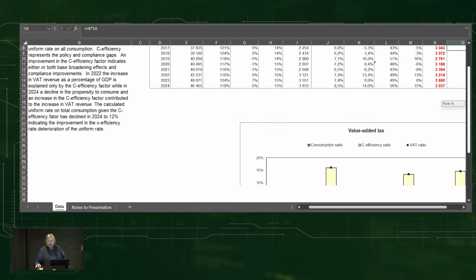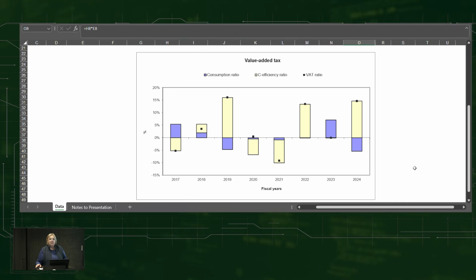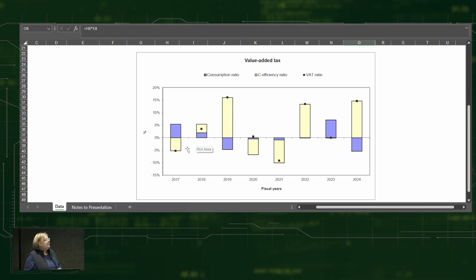If we go to the graph, I think it will now make more sense. I showed it to you when we did the presentation. For each year, the dots you see here are the VAT ratio, so VAT as a percentage of consumption. Then there are the annual percentage changes, and we've worked out the consumption ratio, consumption as a percentage of GDP, and its annual percentage changes.